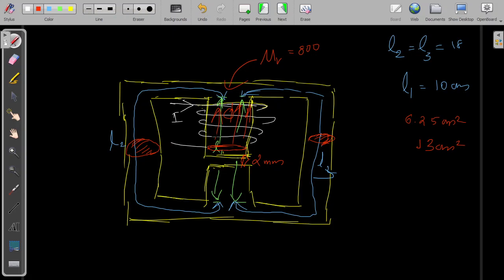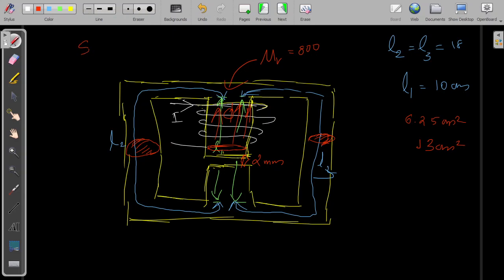When it reaches here, there are two limbs, this right limb and left limb, and these two limbs are of the same dimensions.